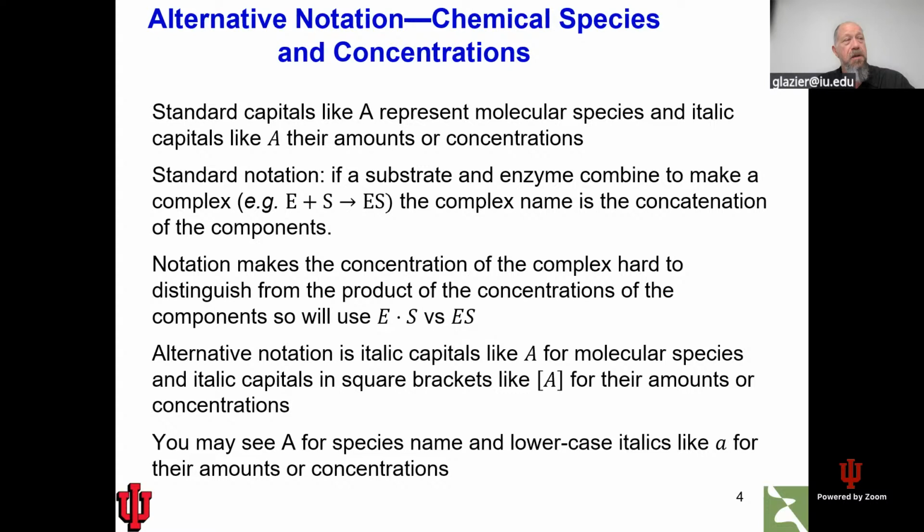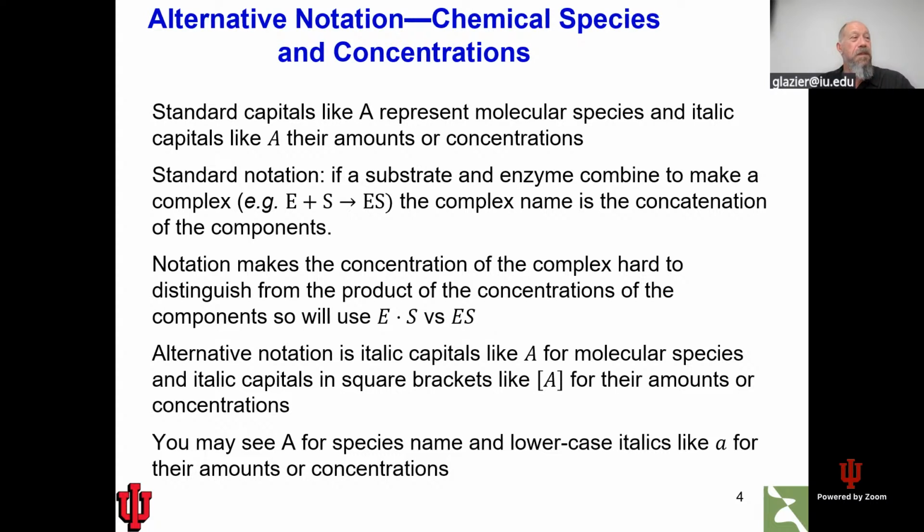E plus S goes to ES. If you're talking about the names of chemical species, then that's unambiguous. But if you're talking about the concentrations of the species, which are the italicized versions of those names, E next to S usually means E times S.